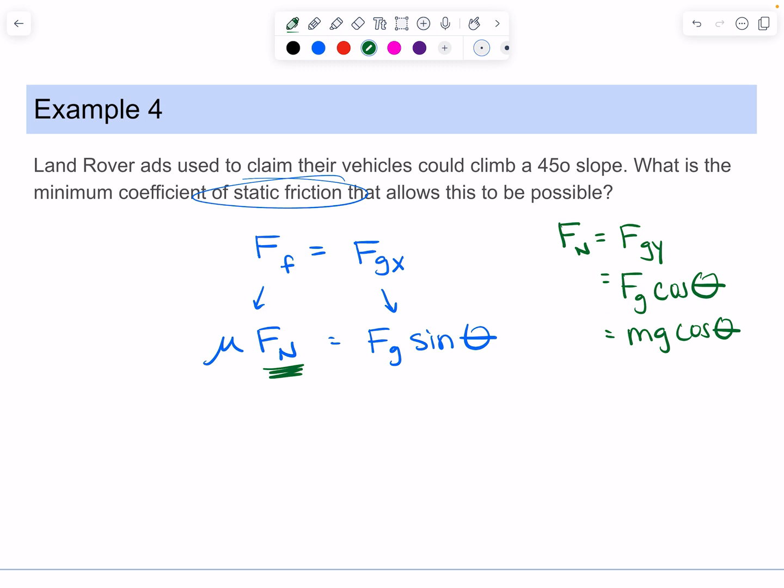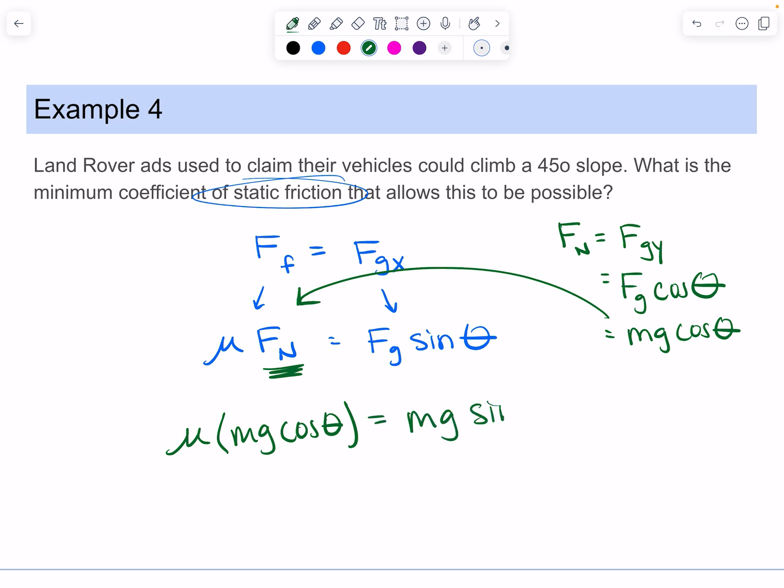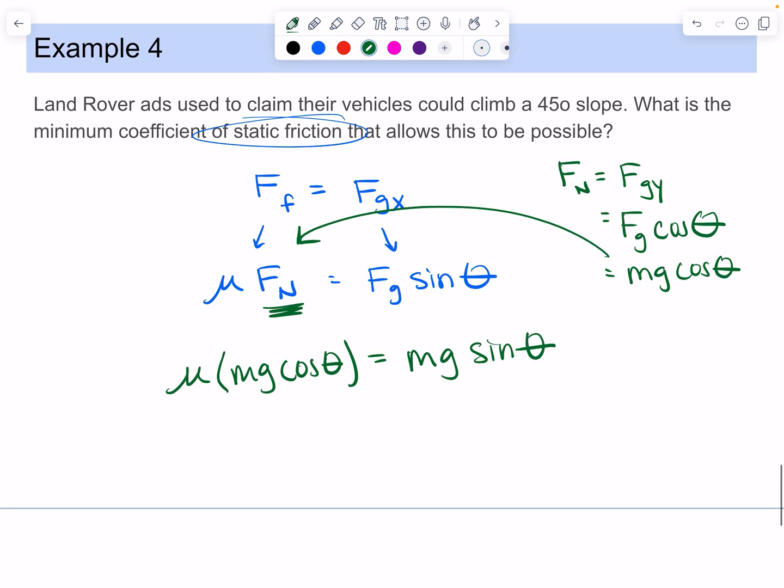So let's replace it. So I have the coefficient times mg cosine theta is equal to mg sine theta. So if I'm trying to find the coefficient of friction, let's divide both sides by this.